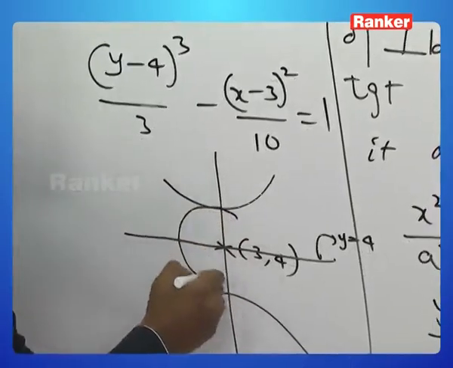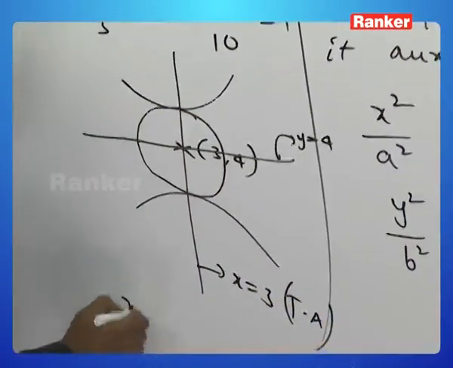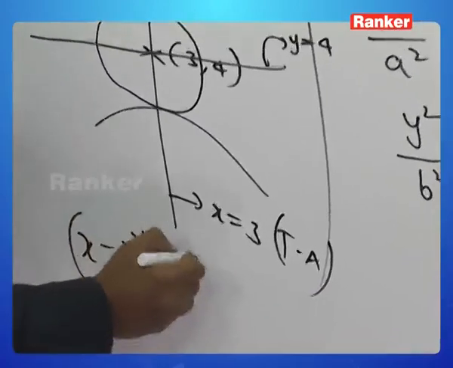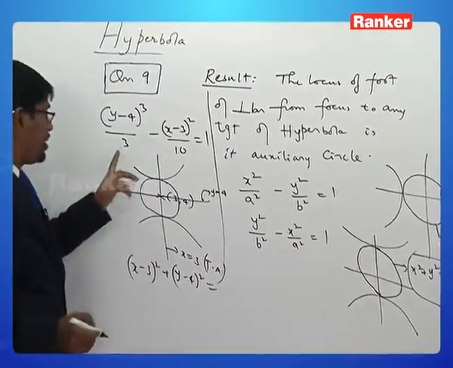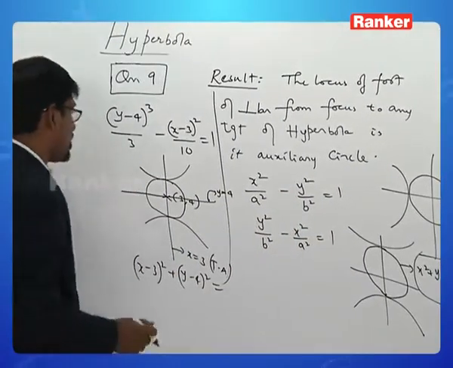This will be the auxiliary circle that we have. What's the auxiliary circle given by? (x minus 3) whole square plus (y minus 4) whole square is equal to semi-transverse axis square. What is the length of this?